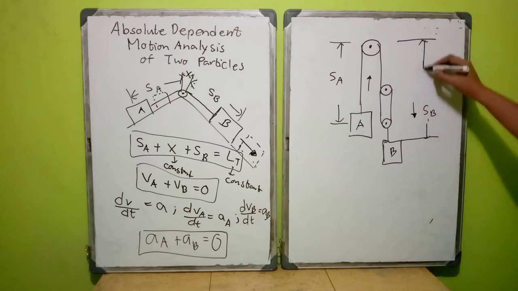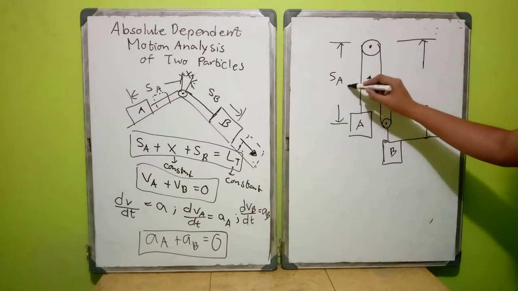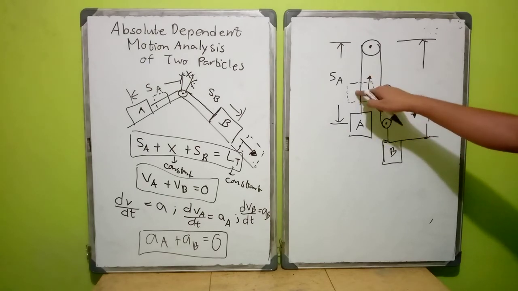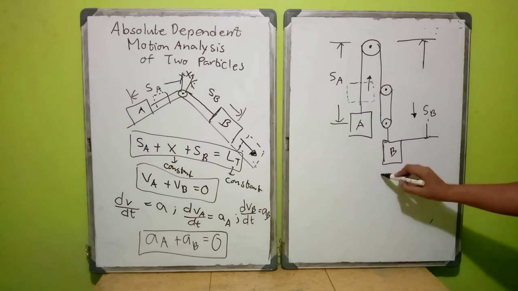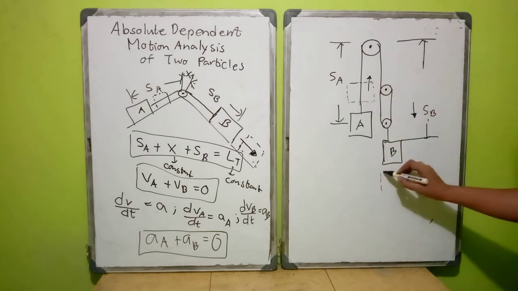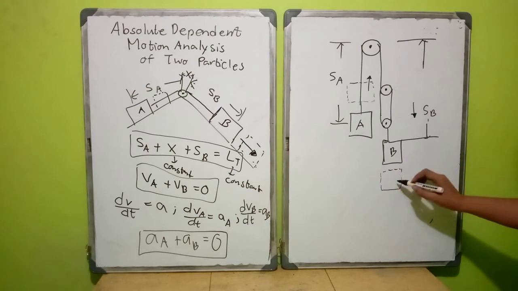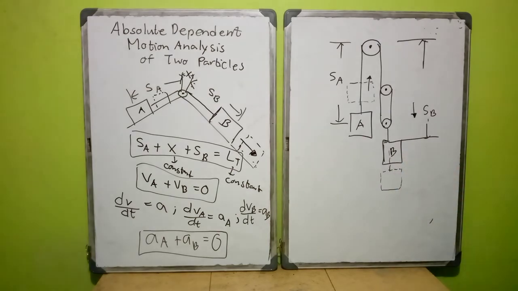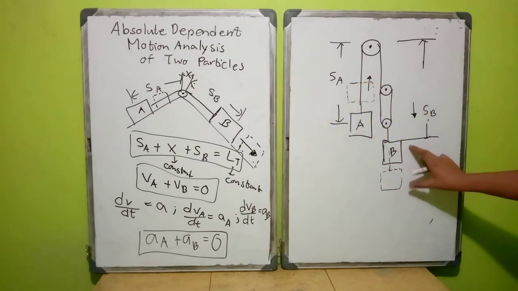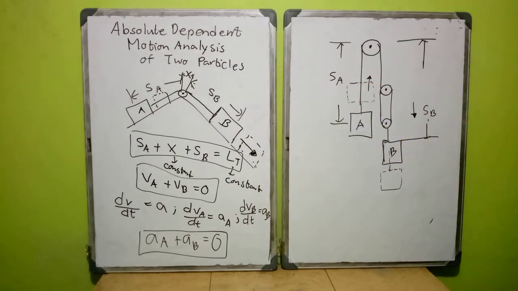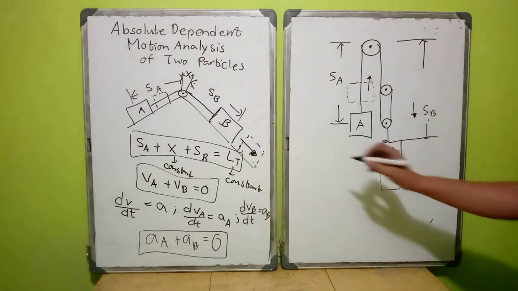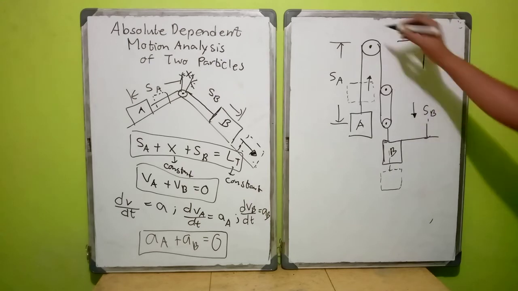So if it goes upward, there is such a time that your portion A will be in this location, and your B will be at this location. If it goes upward by a distance h, your B will also go down by distance h. Therefore you can construct formulas.